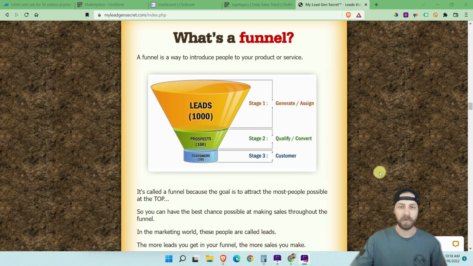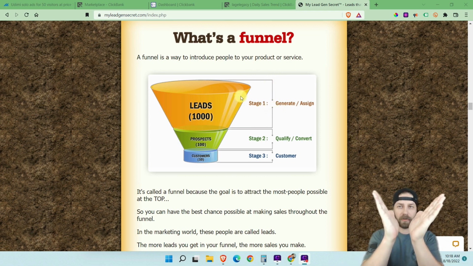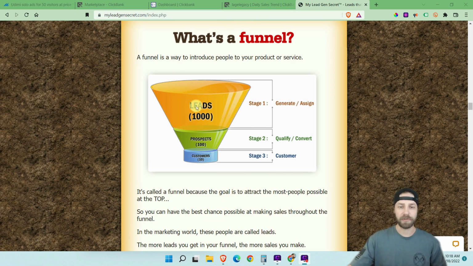So a funnel in marketing terms is explained as such. You have a funnel that looks like this picture right here, and generally the top of the funnel is usually your advertising source. Whether that be myleadgensecret, solo ads, Google ads, YouTube ads, Bing ads, whatever source you're generating traffic from, it could even be a free source.